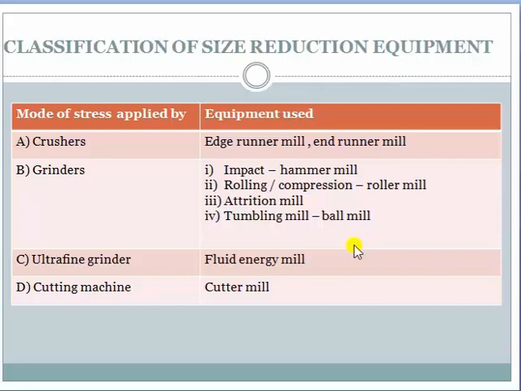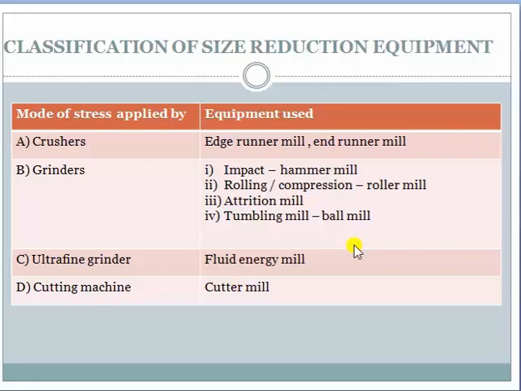of equipment. Here you can see the modes of stress: crushers, grinder, ultrafine grinder, or cutting machine. In case of crushers, the equipment used for that force are edge runner and end runner. In case of grinder, again it will be explained with the mechanism of impact, rolling or compression, attrition, and crumbling.